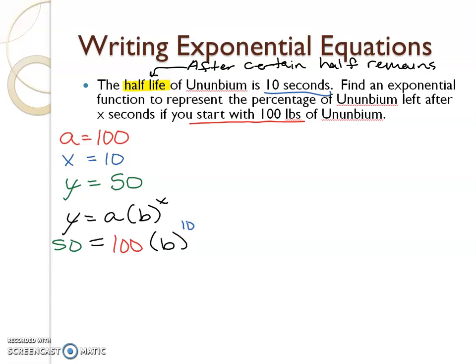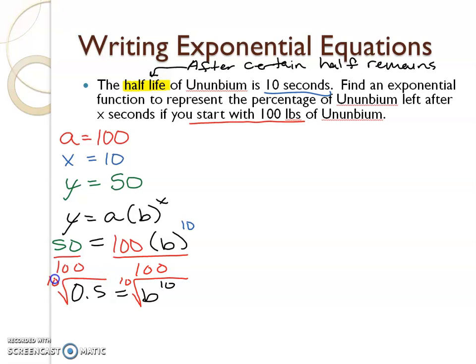Okay? I need to go ahead and solve this thing then. So to solve it, I need to get rid of that number in front. I'm going to divide by 100. That gives me 0.5 or 1/2. Okay? B to the 10th power. How do I get rid of the 10th power? Remember back to our roots. I'm going to have to use the 10th root to figure that out.